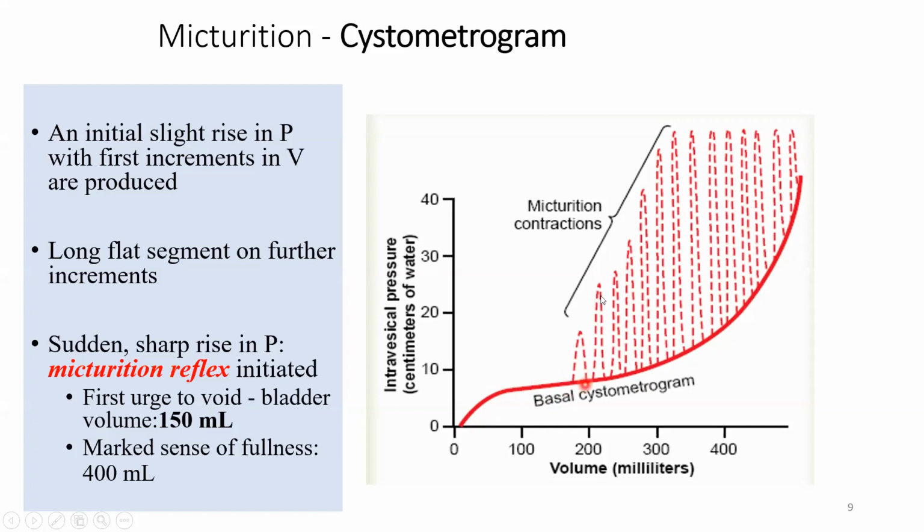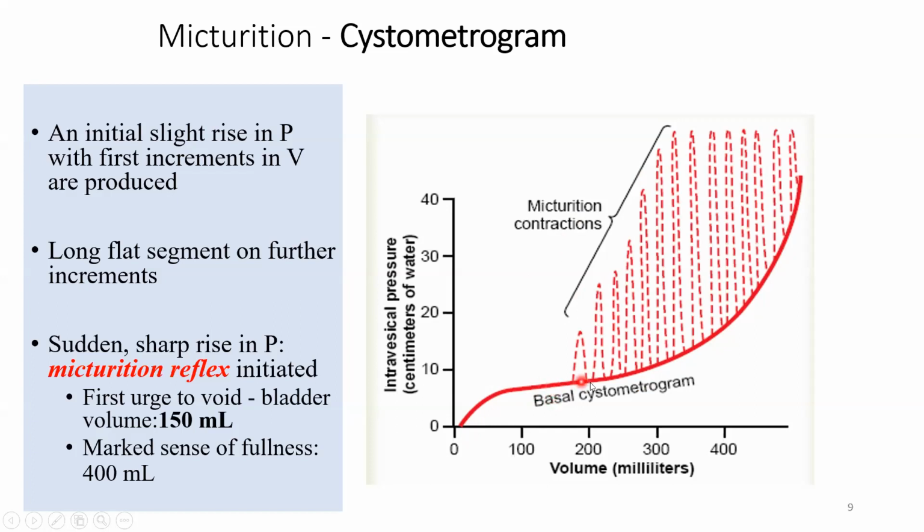what are these dotted lines? You probably guessed it right. These, and it's written there as well, are micturition contractions. So around 100 to 150, things are under control. No excitement, and nothing much is happening really.